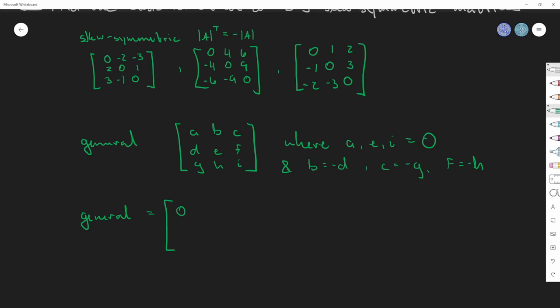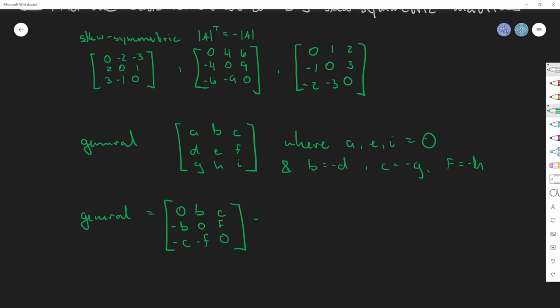So we have 0, B, C, and then B is equal to negative D, so D is equal to negative B, another 0, and then F. G is equal to negative C, and then H is equal to negative F, and last a 0.